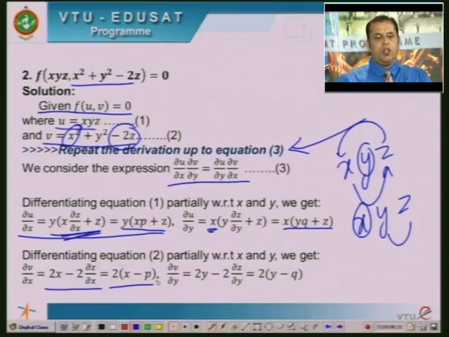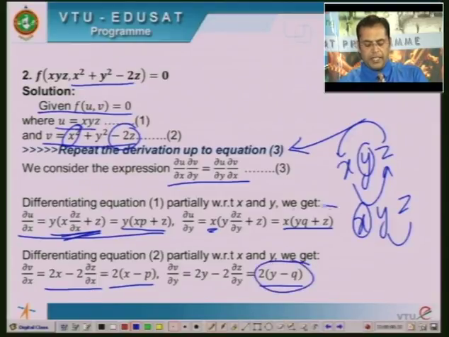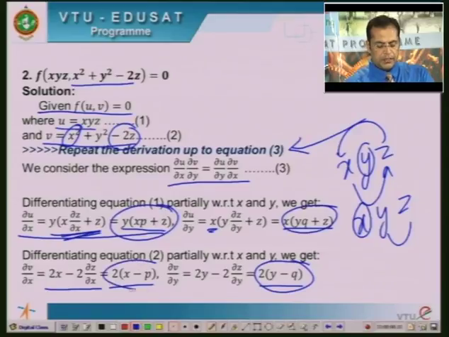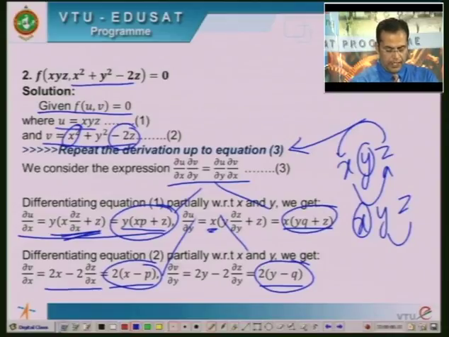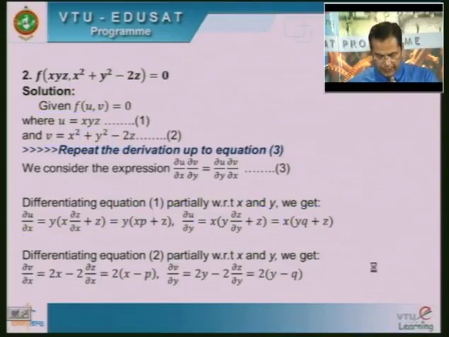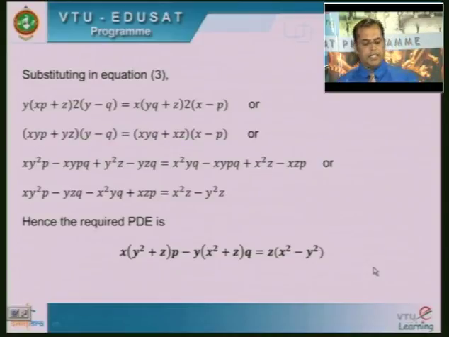Similarly, dou v by dou y is equal to 2y minus 2 dou z by dou y, which is 2 times y minus q. Again, we will take these 4 expressions and substitute in equation 3 and simplify for the required PDE. So, that is shown in the next slide.